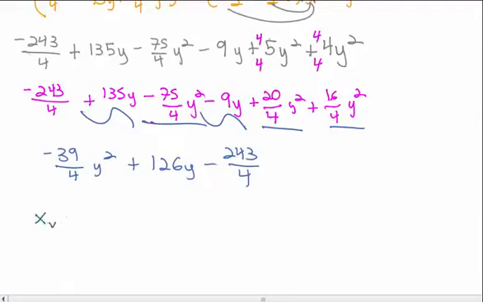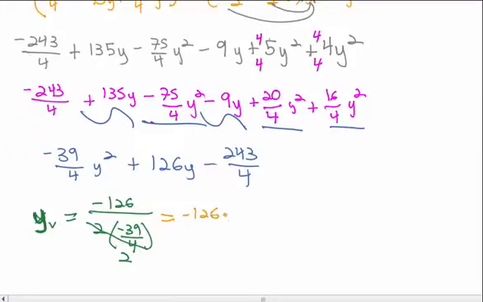The x vertex, which actually is a y here, just to make it confusing because y is our variable, is the opposite of b, negative 126, all over 2a, which is negative 39 over 4. I'm first going to simplify the denominator. 2 over 4 reduces to 2. And then, when we're dividing by a fraction, we're really multiplying by the reciprocal.